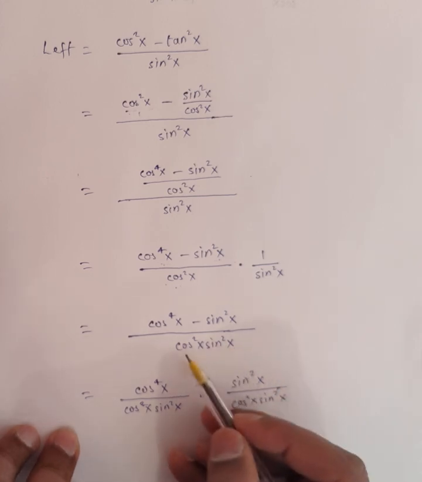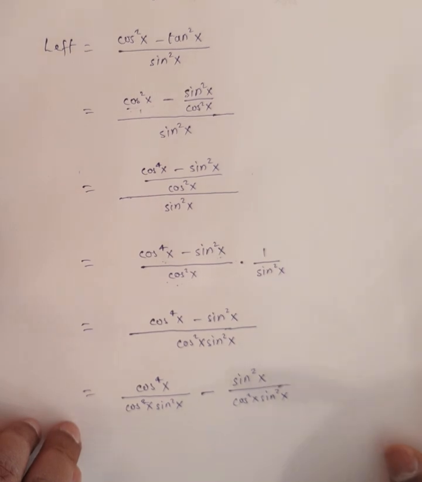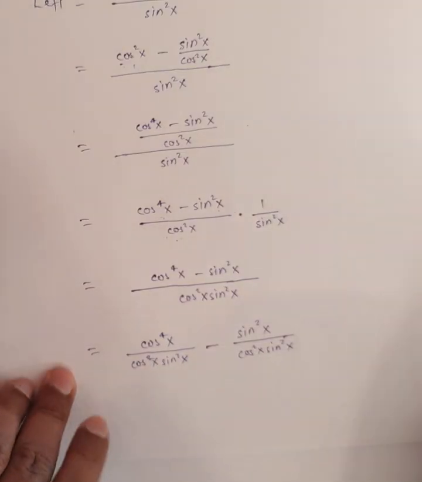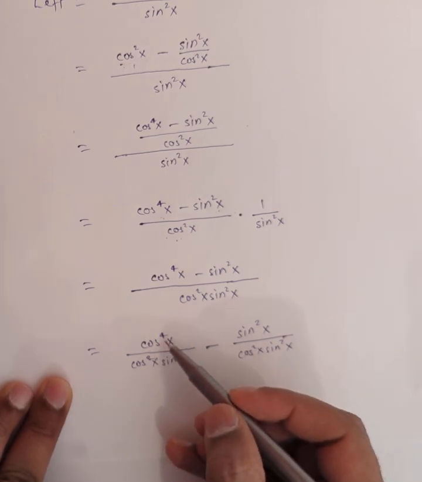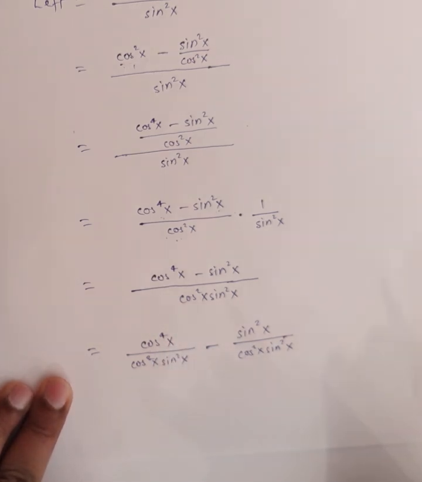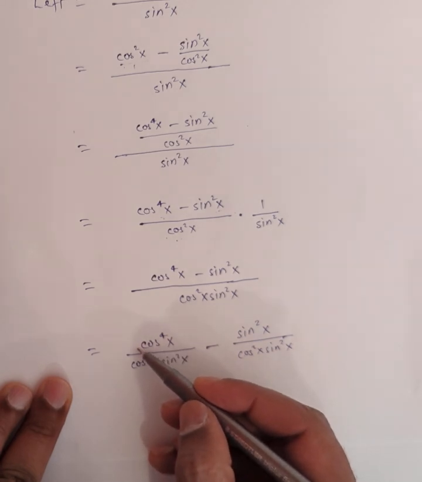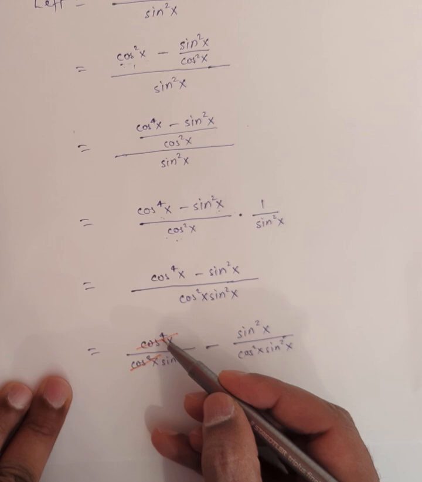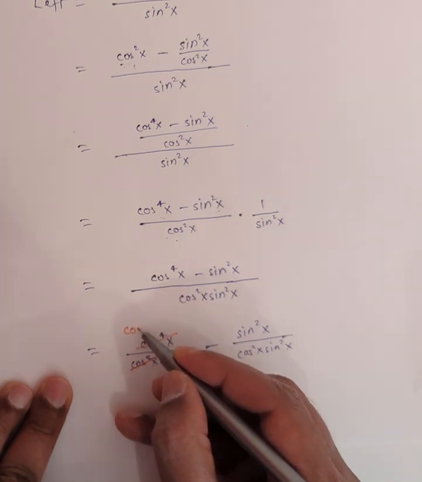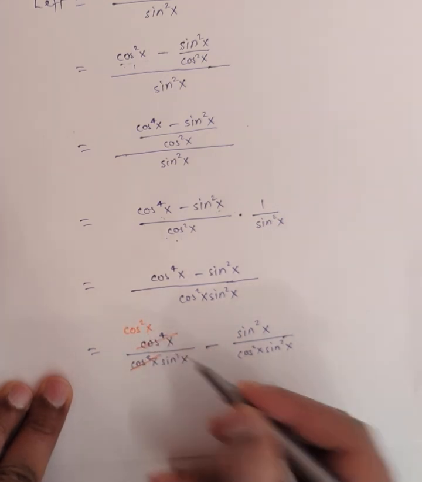I could do that because there was only one term in the denominator. Now notice, what I have here in my first fraction is 4 copies of cos in the numerator and 2 copies of cos in the denominator, which means I can simplify this. So the 2 of them will cancel with the denominator. So I have 2 left over.